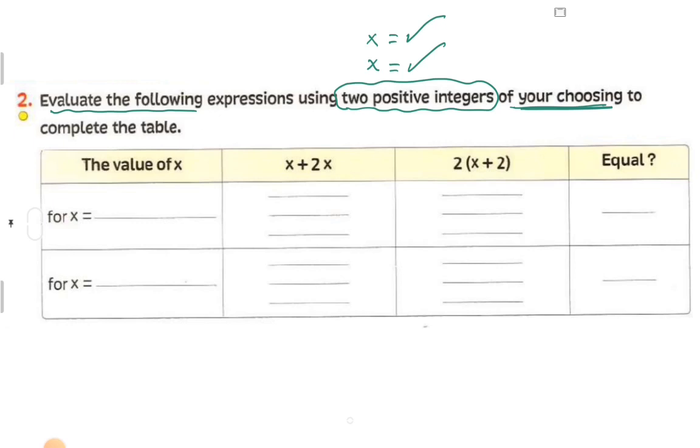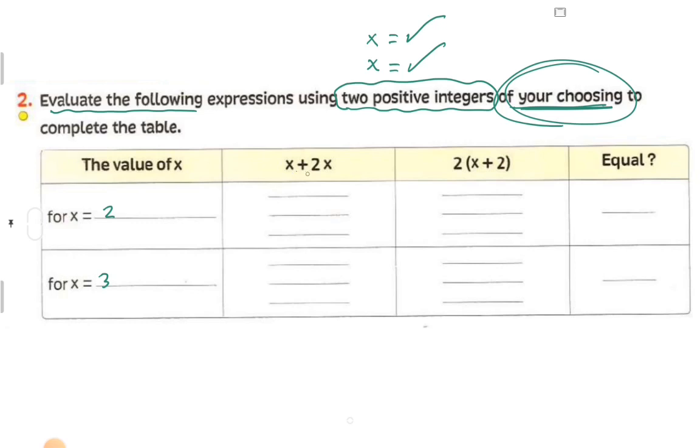Okay, first I will put x equal 2 and maybe equal 3. From you choose. Okay, now the first expression and the second expression.